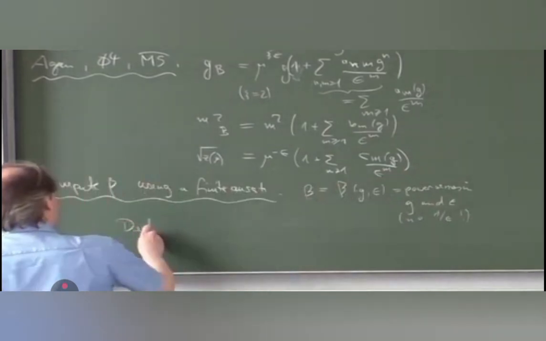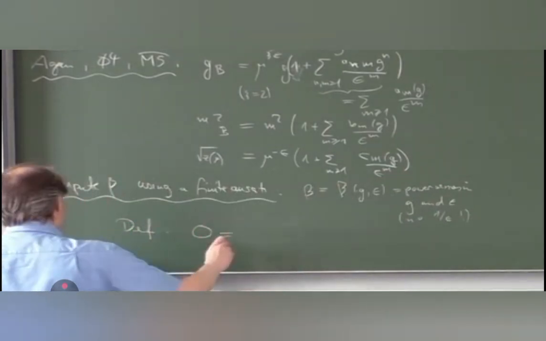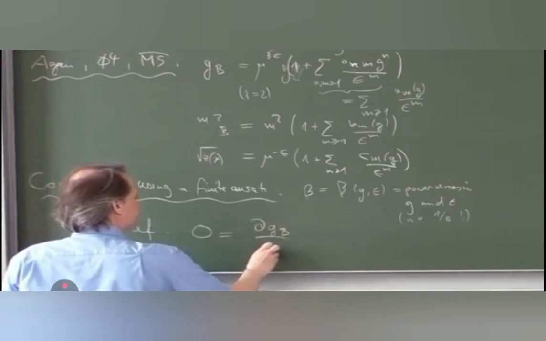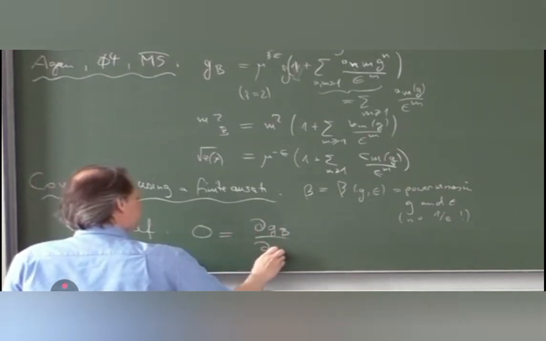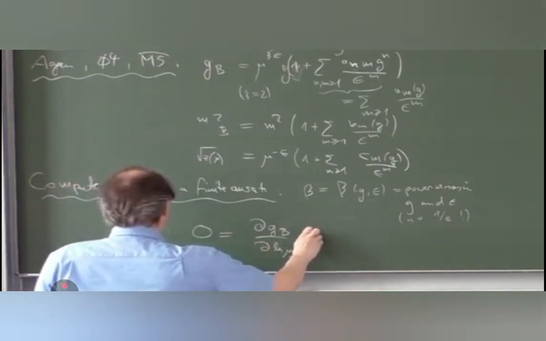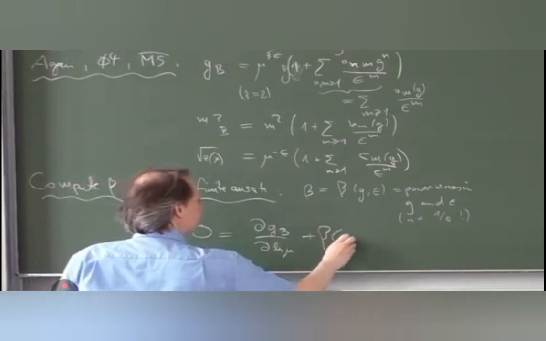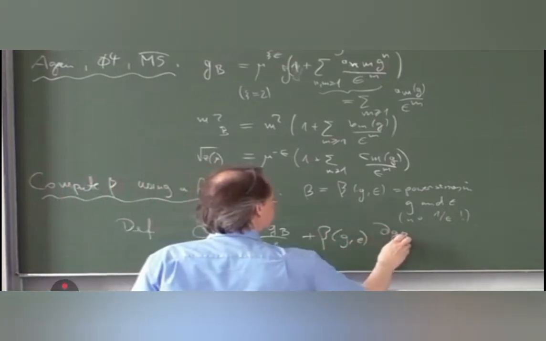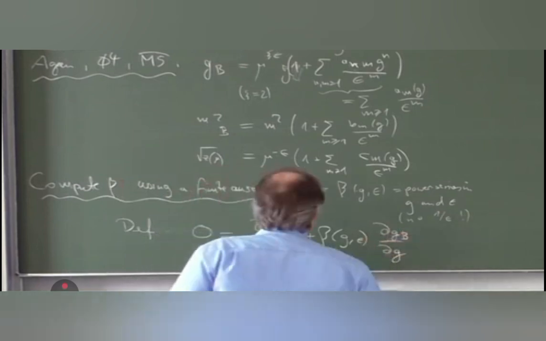So then the definition tells us that 0 should be equal to the partial derivative of the bare coupling with respect to ln mu plus this beta function of g and epsilon times the partial derivative of g bare by small g.